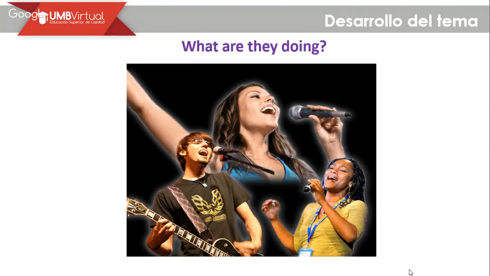Then, what are they doing? So the first action that comes to our mind is they are singing, right? For example, we can say that he's playing the guitar, she's holding the microphone, or they are holding the microphone because there are two girls.